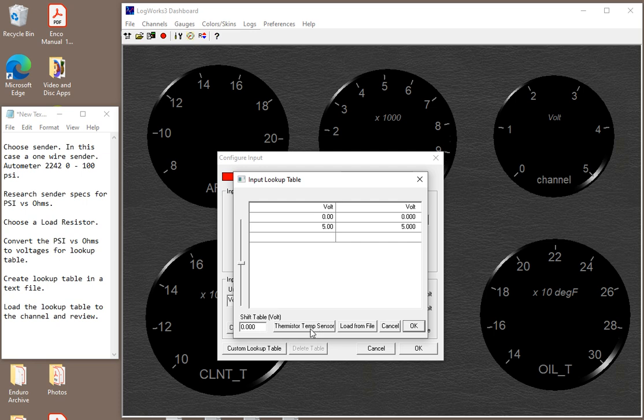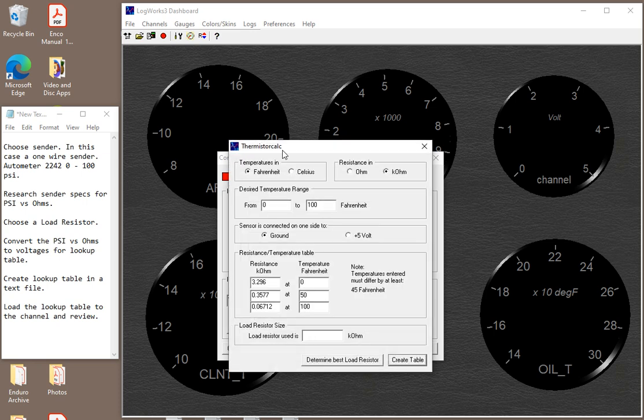Thermistor temp sensor, this brings up the thermistocalc program. So we're doing pressure, this is in Fahrenheit, it doesn't really matter. I'm going to click on the ohm button, so I'm using ohms and not kilo ohms. 0 to 100 is the gauge range, so that's already good.